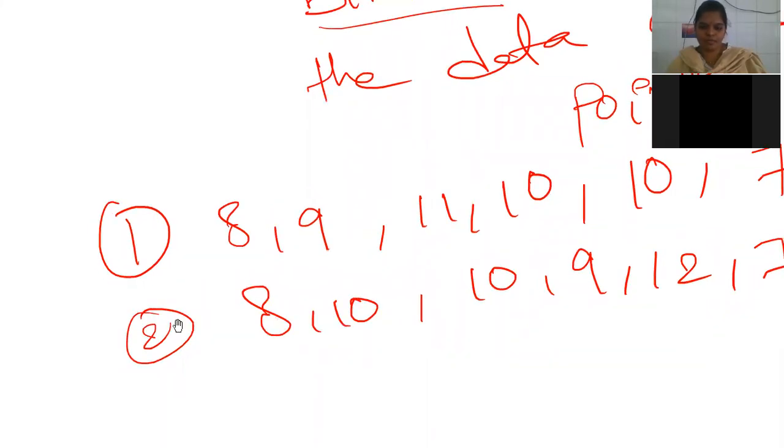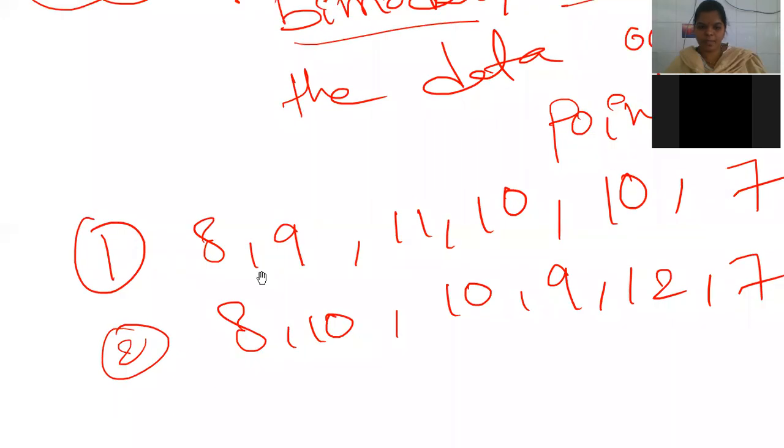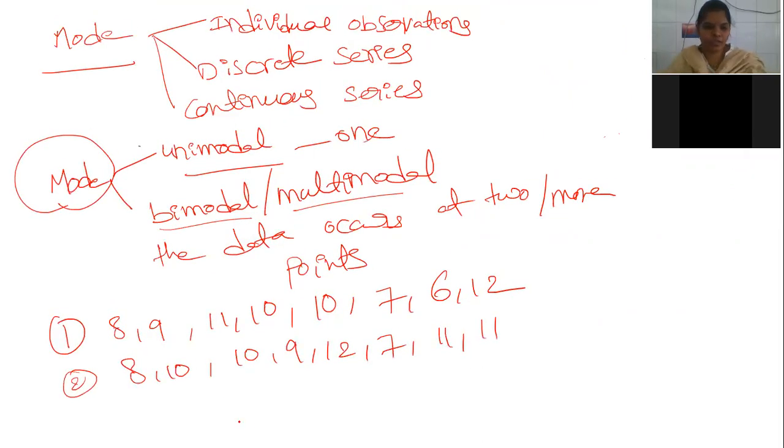And in the third case, you have data like 6, 7, 9, 12, 11, 10, 8, and 5.